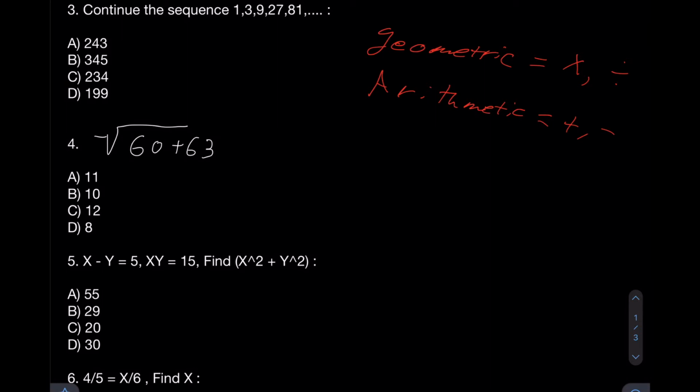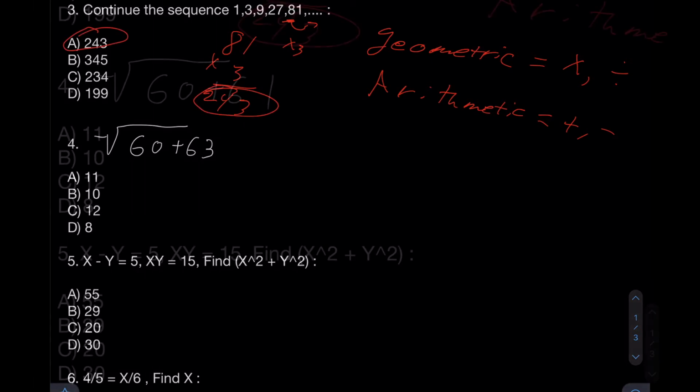So what you're simply going to do here is multiply that last number by 3 to find the next number. Because you found that the common ratio between each of those numbers is 3. So 81 multiplied by 3, 3 by 1, that is 3, 3 by 8, that is 24. And so your answer is A, 243.